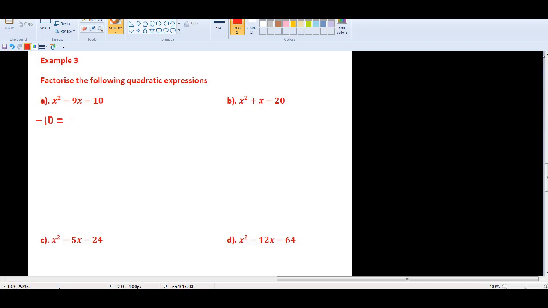Let's say I take minus 1 times 10. So it's minus 1 plus 10. We need to check whether it equals the middle term. It's not, but it's quite close. It's 9, so it's not negative 9. We need negative 9.